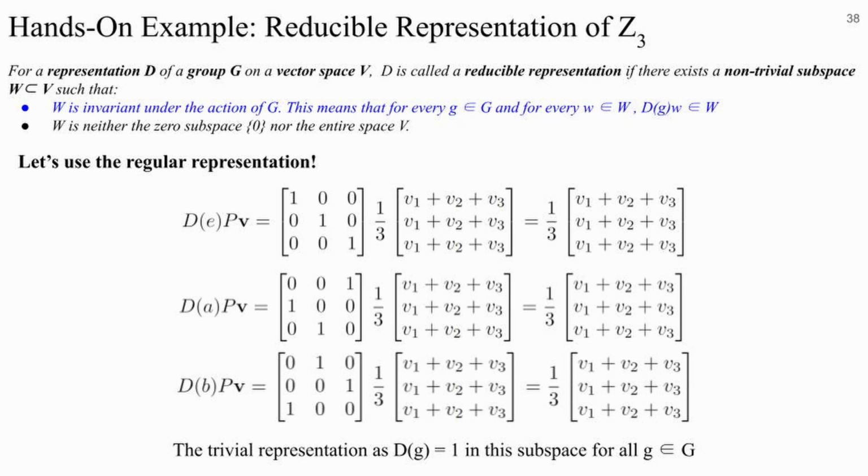In addition, we've shown that W is invariant under the action of G, as applying any of these linear operators just gives us the same vector each time, meaning that the operations are closed under this vector subspace W. So that's enough to prove that the regular representation is actually a reducible representation of Z3.